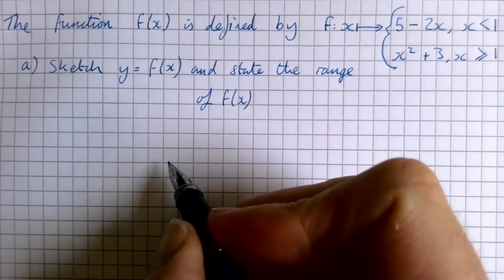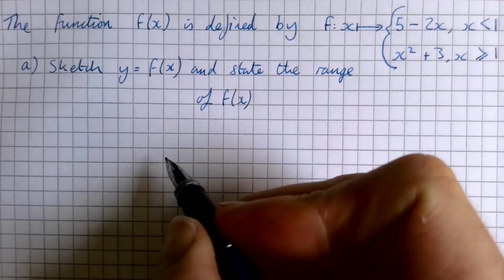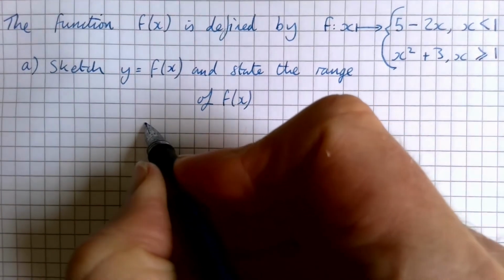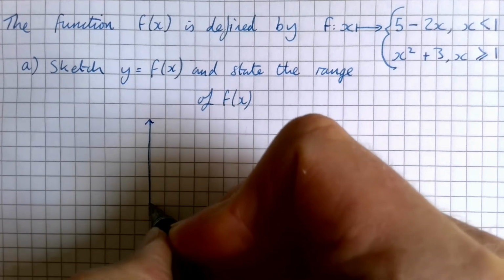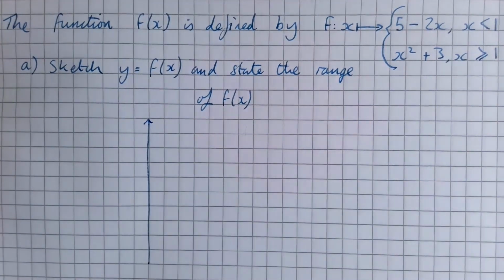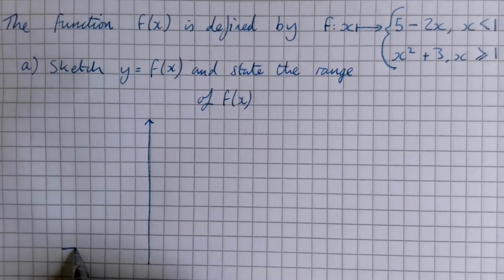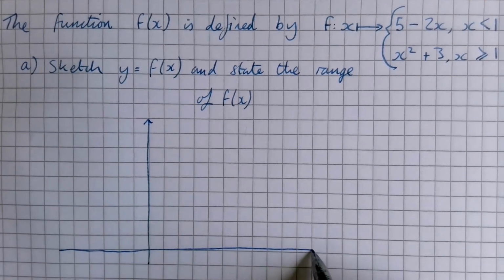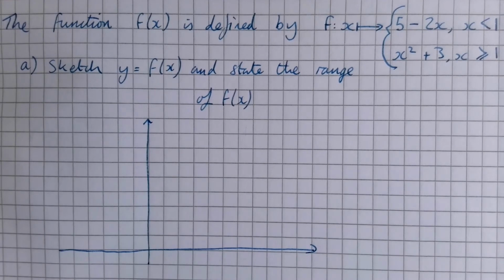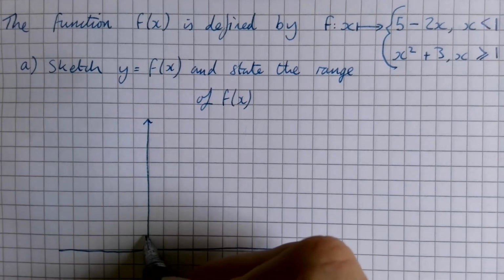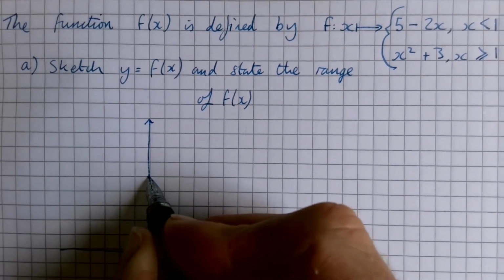So we're going to be sketching both these things separately. So let's start off with the simpler one, which is the straight line 5 minus 2x. Well, we know that that would be going through 1, 2, 3, 4, 5.